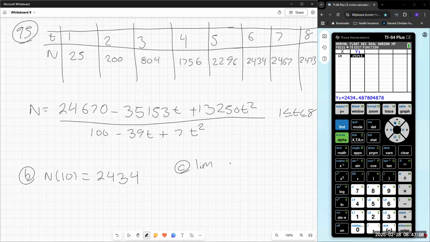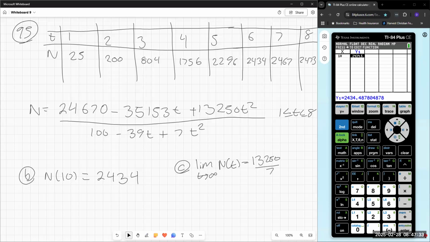They said that if we're going months out in advance, we might as well call that infinity because we're so far away, and we could take the limit of this as t goes to infinity. And we can see that this has a horizontal asymptote here.